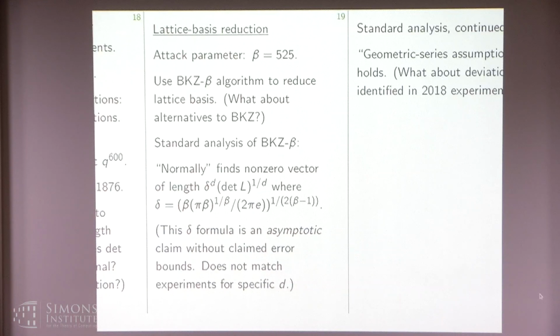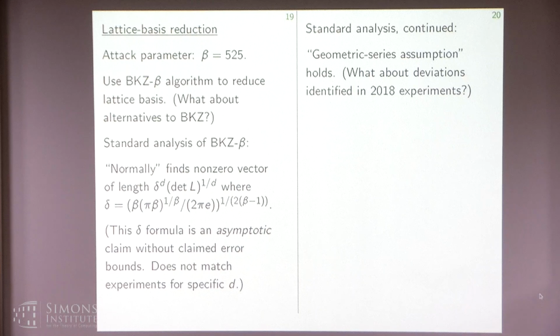Then you keep going on the BKZ analysis. The next thing people say is that there's this geometric decrease of the Gram-Schmidt sizes. This assumption is kind of about correct based on a bunch of experiments, except that, when people do experiments and look closely enough, they can detect that the assumption is wrong.